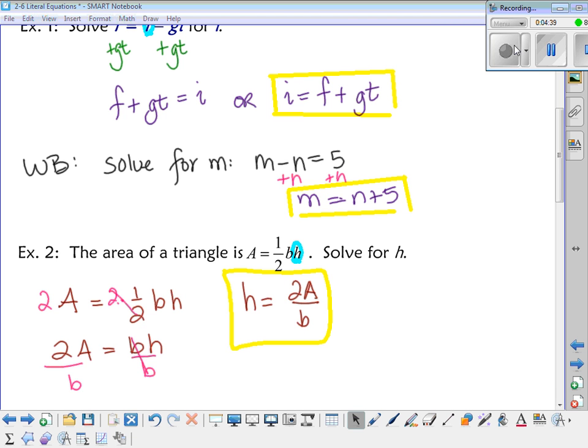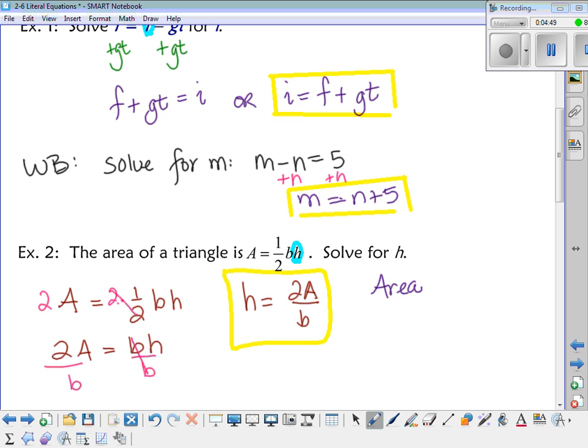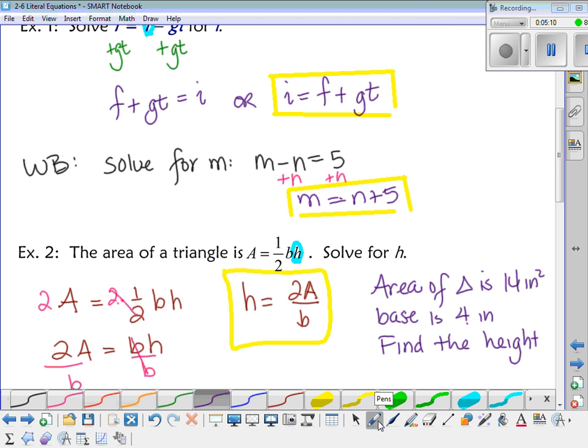Sometimes you may be given a problem where you have to use that new equation to solve a problem. For instance, if the area of a triangle is 14 inches squared and the base is 4 inches, we can use that to find the height. Plug in the values I've just given you and see if you can solve what the height would be in this particular case.